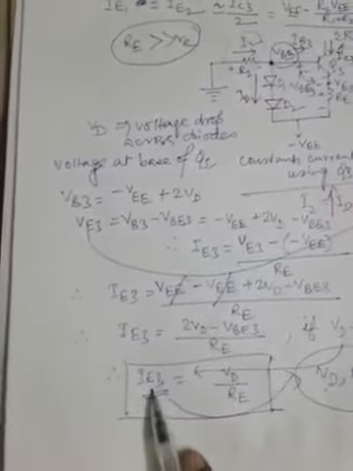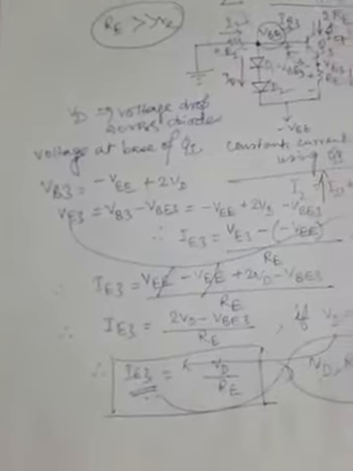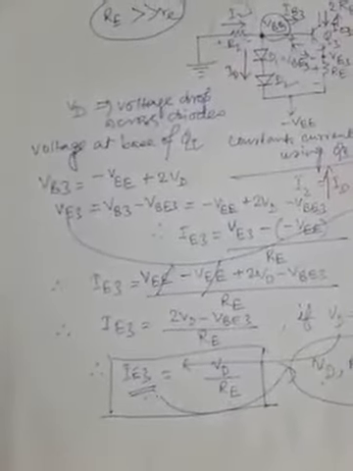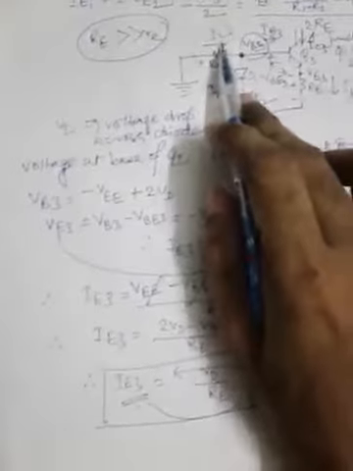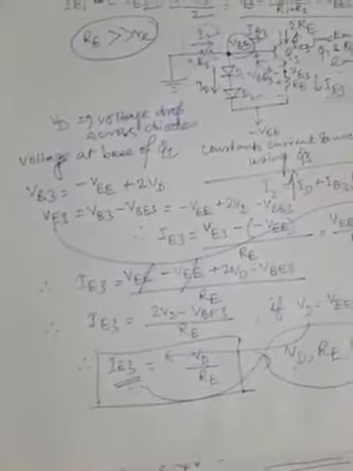If we have IE3 in hand and VD is 0.7 volt, we can calculate RE to design this constant current bias circuit. Now assuming that I2 is equal to IE3, that is, IE3 is the whole of I2, and VD1, VD2 are the same and both are 0.7 volt, that means they are silicon diodes.